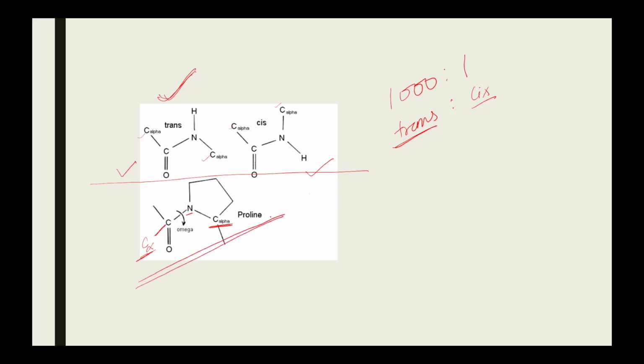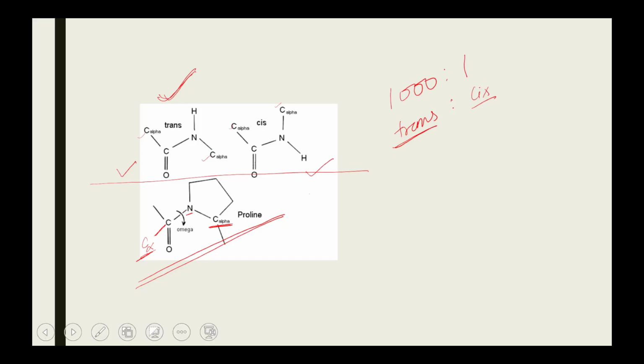So in case of proline, there are 50-50 chances. If there are 4 proline residues, 2 could be in cis configuration and another 2 in trans configuration. Some ratios will be maintained. In any polypeptide structure, most of the amino acids are found in trans configuration, but if prolines are present, we can often see proline in cis configuration, because the cis configuration of proline is also equally favored as the trans.